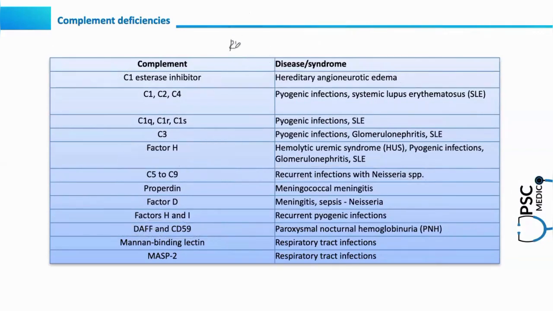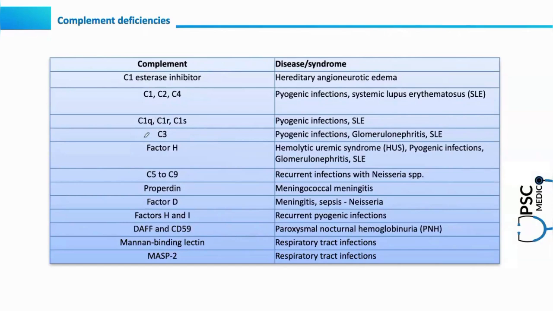Because the RBC has abundant amounts of these complement protecting factors, in patients with paroxysmal nocturnal hemoglobinuria mainly the RBCs are affected. All the cells will be affected, but RBCs are most severely affected. That's the reason the patient will have anemia.